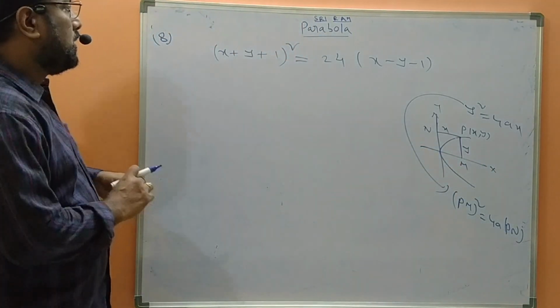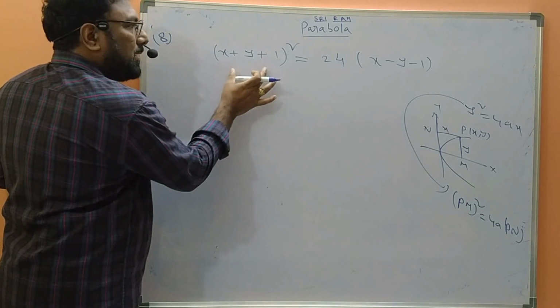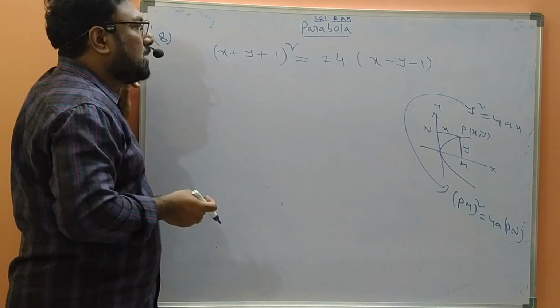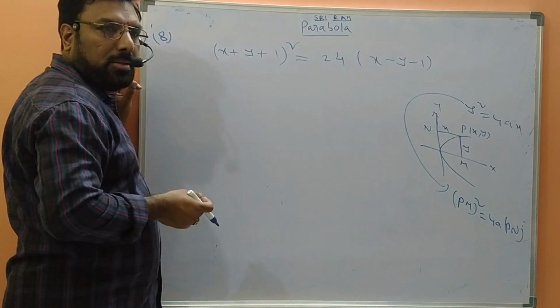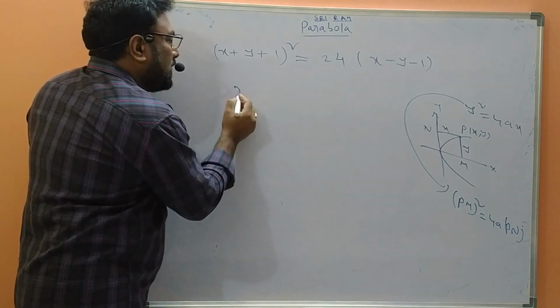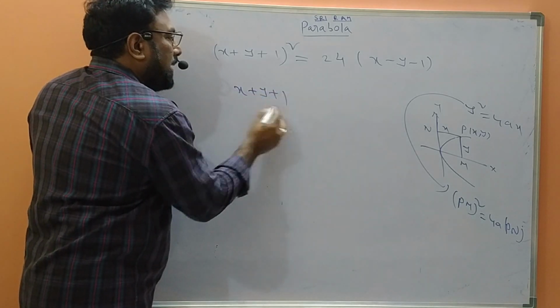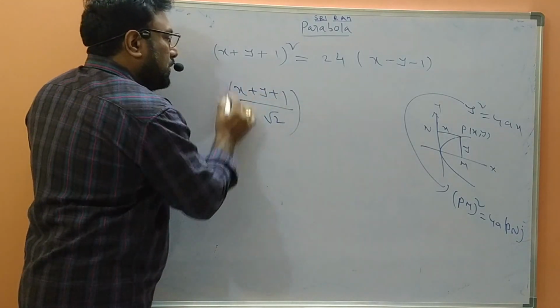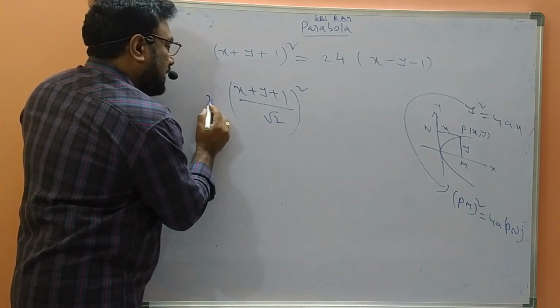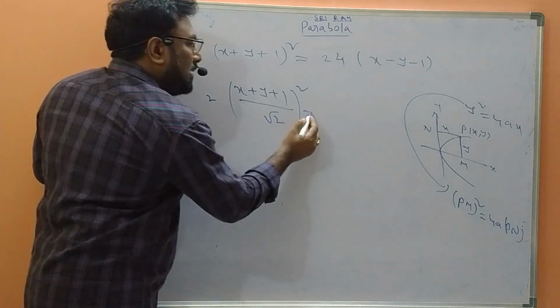So here also we have to convert into perpendicular distance form. What is the formula for perpendicular distance? From (x1, y1), x1 plus y1 plus 1 by root 2. So that's why I can divide by root 2 whole square. So it is 2, and only 2 gets cancelled.